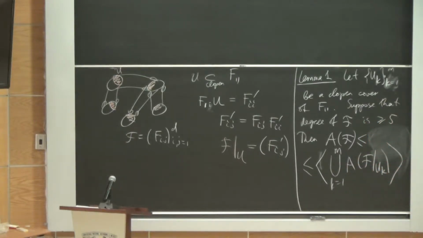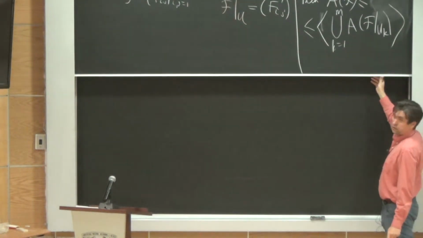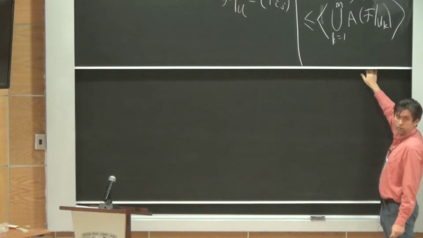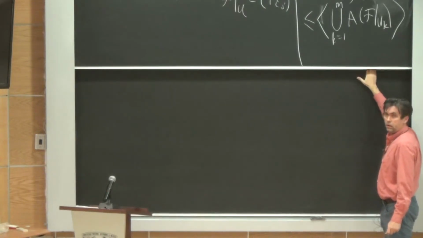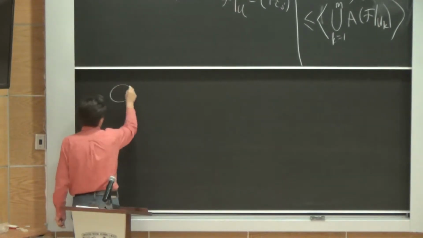So if you have a cover of a multisection by multisections defined on smaller domains, then the alternating group of the big multisection can be generated by the alternating groups of smaller multisections. Well, it's clear that it's enough to prove this for m equal to 2. So if you prove it for m equal to 2, you prove it for any m, just by induction. So we take the case when m is equal to 2.